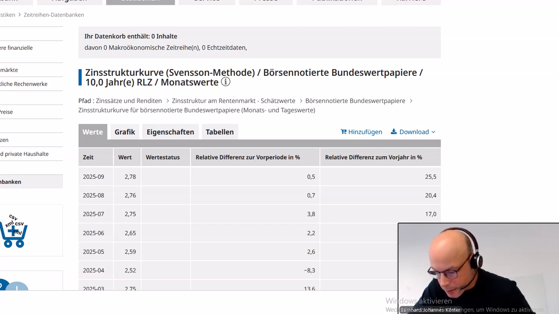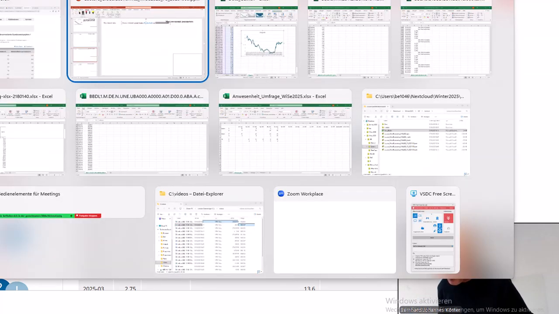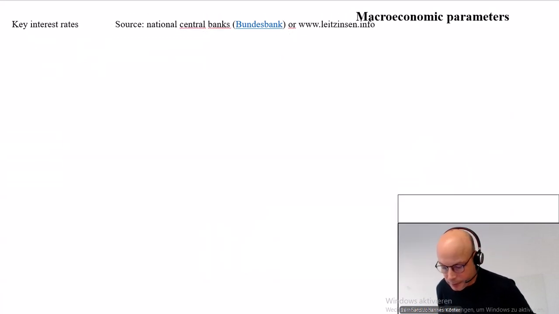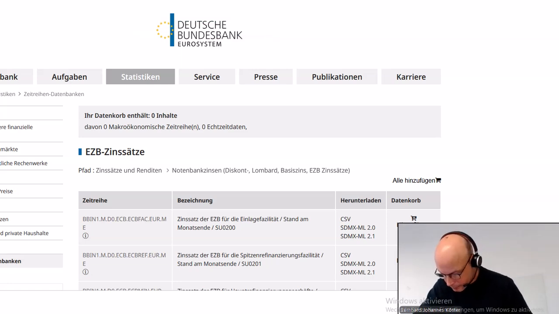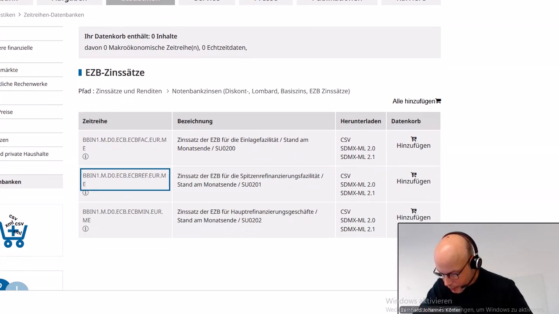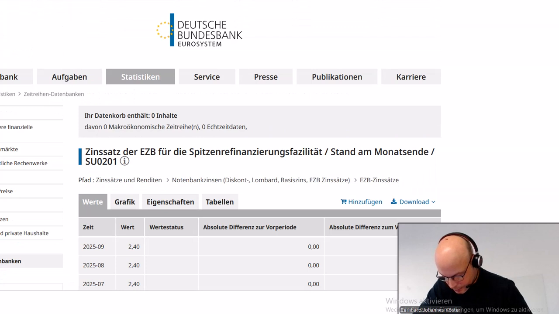Then let's take the other one. Main refinancing.